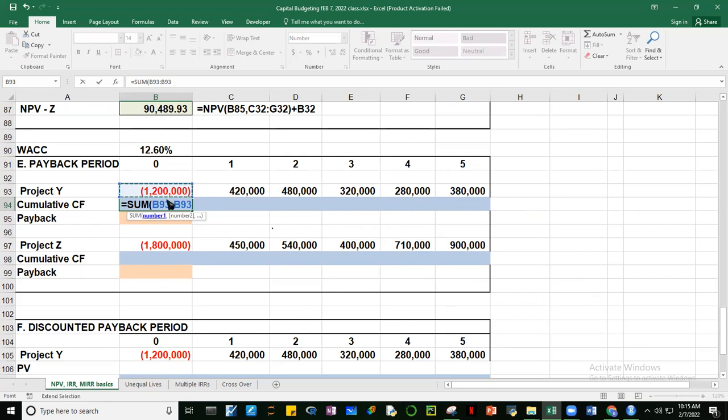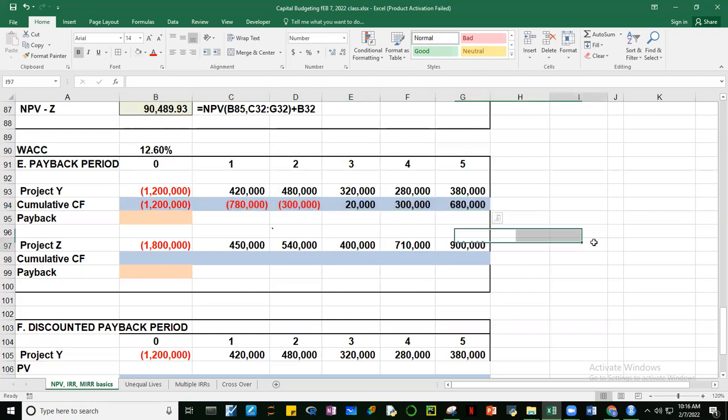When you press colon, guys, uulitin si B93. Tapos punta tayo dito sa first one and we can just fix column B. Column B, because we're going to copy this along the row, so no need to fix row 93. We're just going to fix column B. Control enter there, and then we copy to the right.